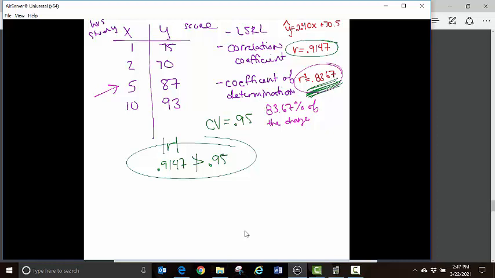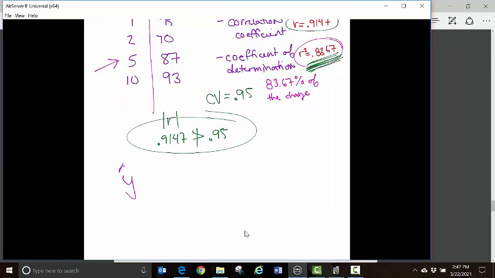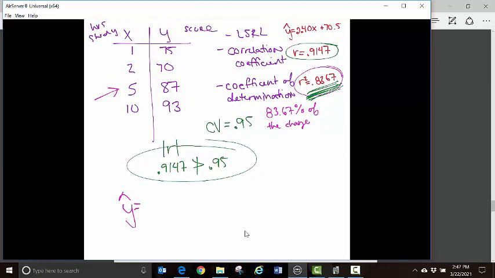Tyler. Plug in the 5. So y hat, somebody do it for me real quick. What do you get? 82.5. So this is my y hat.